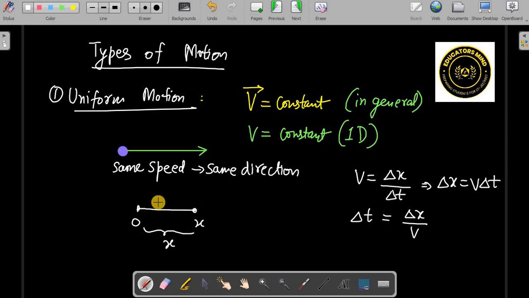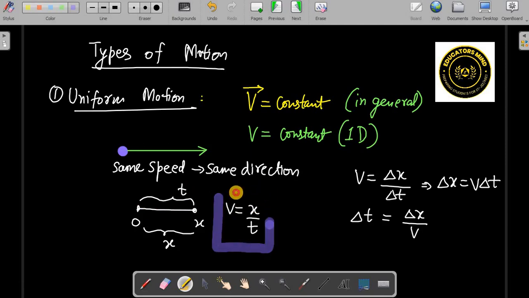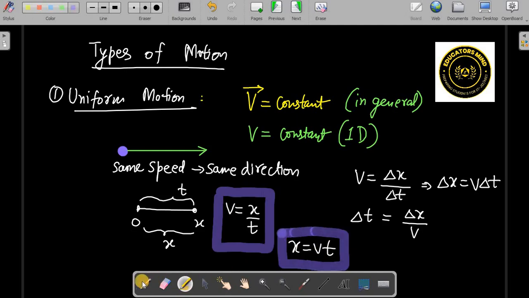With time interval t, we can write v equal to x by t, x equal to v into t, and time equal to x by v. We are not writing delta because we are starting from the origin.